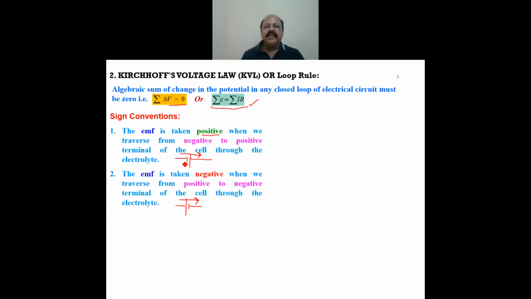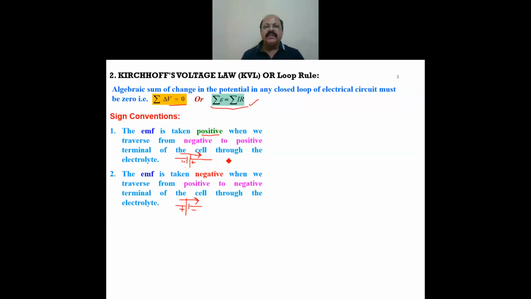This lower line is known as lower potential, that is minus, and this big line is the positive terminal, that is higher potential. Similarly here it is positive and this is negative.